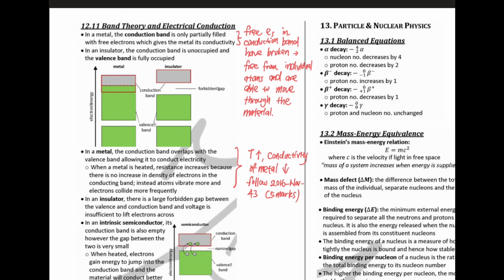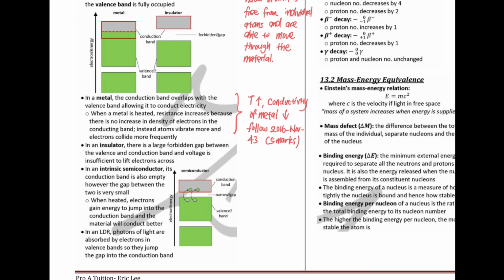Okay, now let's see the next point. In an insulator, there is a large forbidden gap. So this is what we discussed just now. This one is large enough that the electron could hardly reach there.